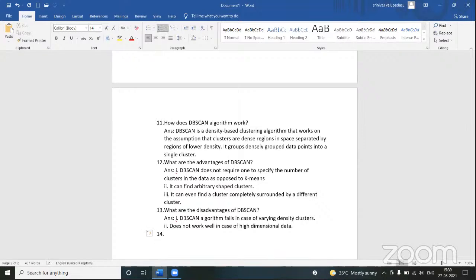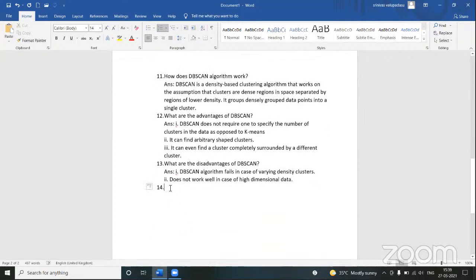What is mini batch K-means? It is an alternative to the K-means algorithm for clustering of massive data sets.